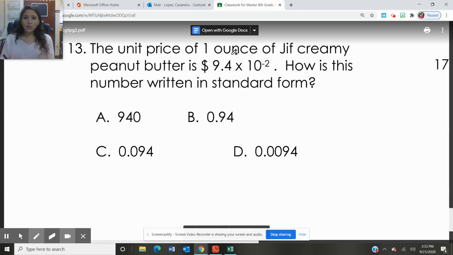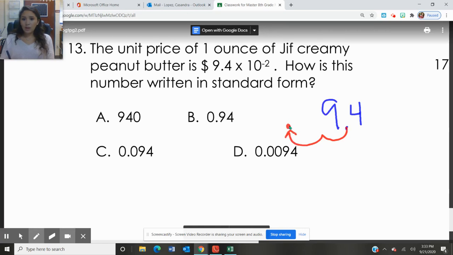Okay, so first things first, I'm going to go ahead and rewrite the number 9.4. My exponent here is telling me how many places I need to move my decimal point. Since it's a negative exponent, this negative 2 is telling me that I'm going to move my decimal place 2 spots to the left. So I'm going to go ahead and move this decimal place 1 and then 2 spots over.